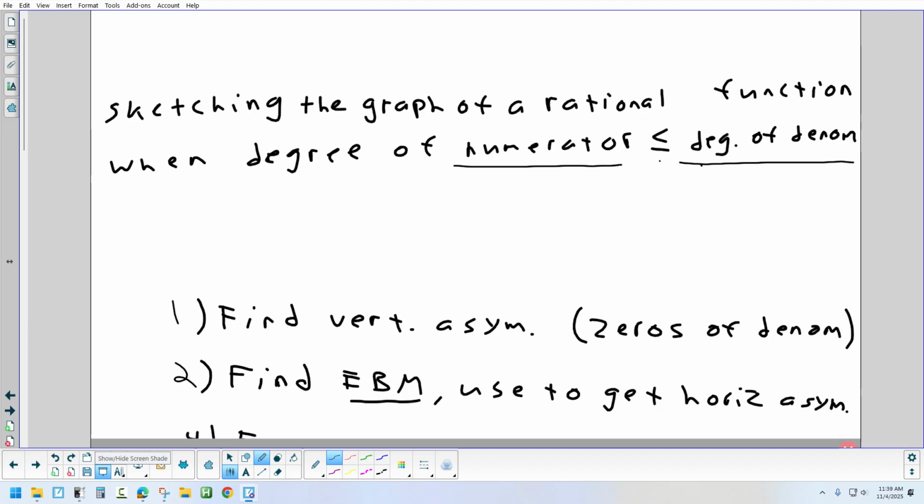Find the EBM and use that to get the horizontals. Once you've done steps 1 and 2, you're probably going to have something like this. A lot of these problems are going to have 2 verticals and 1 horizontal. So you're going to have your grid, your graph, kind of separated into 6 sections. We're going to end up drawing in like 3 pieces. Okay, so you'll see how it works.